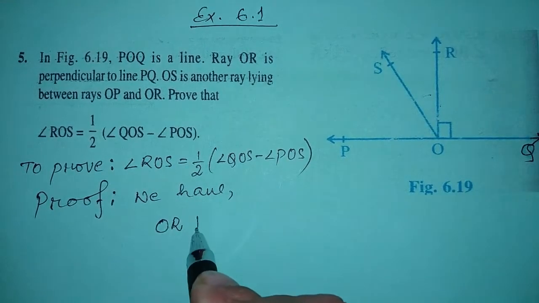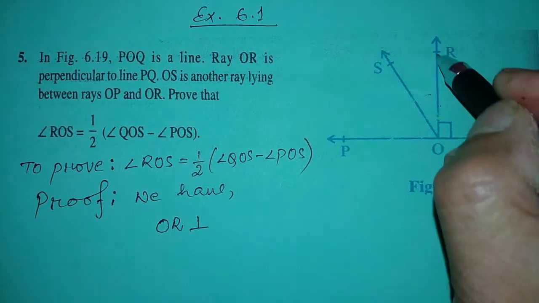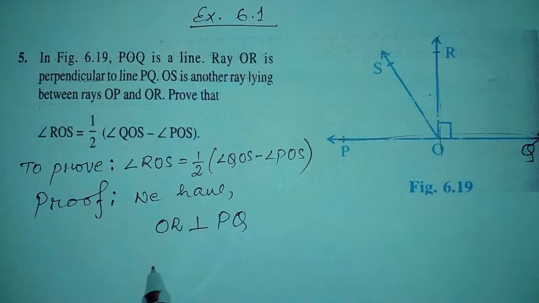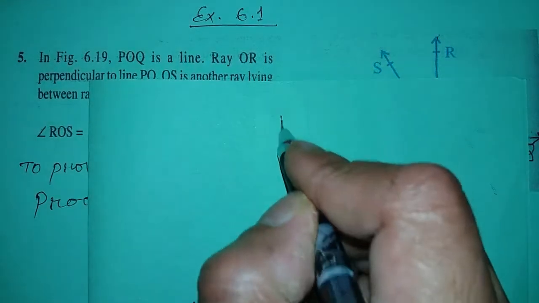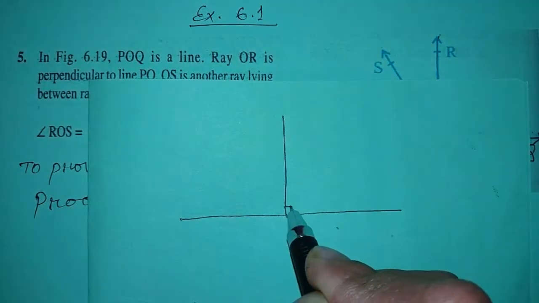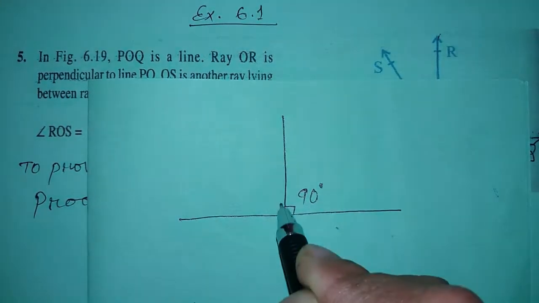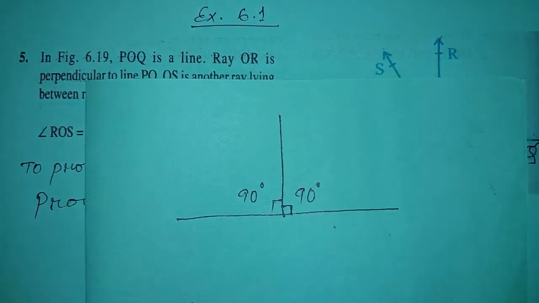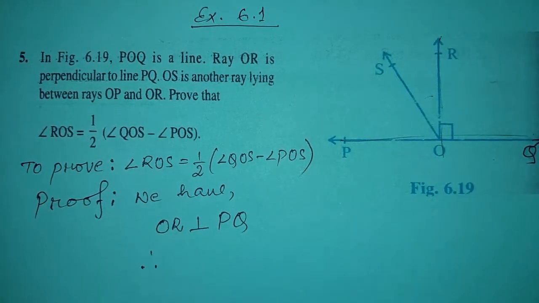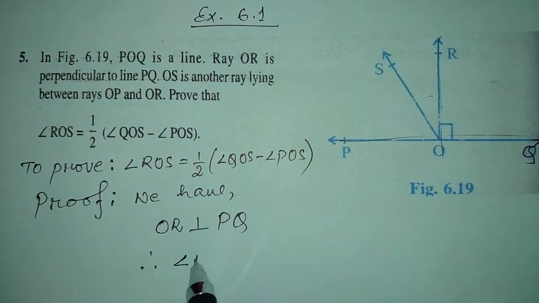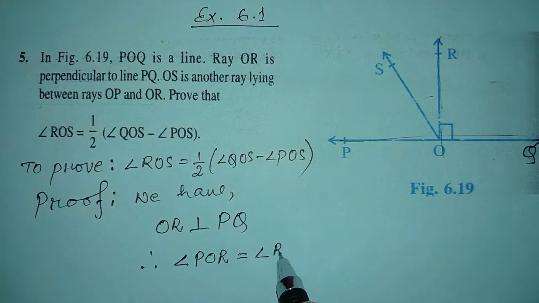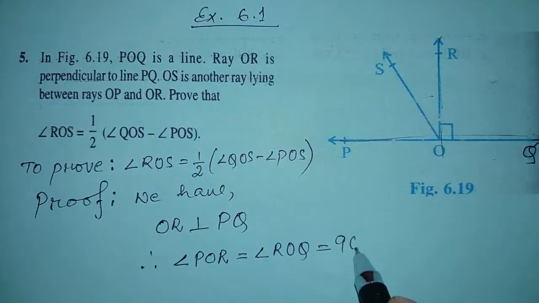Therefore, now when two lines are perpendicular, the angle formed here is 90 degree, and the angle formed here is also 90 degree. So therefore angle POR is 90 degree, and also angle ROQ is equal to 90 degree.